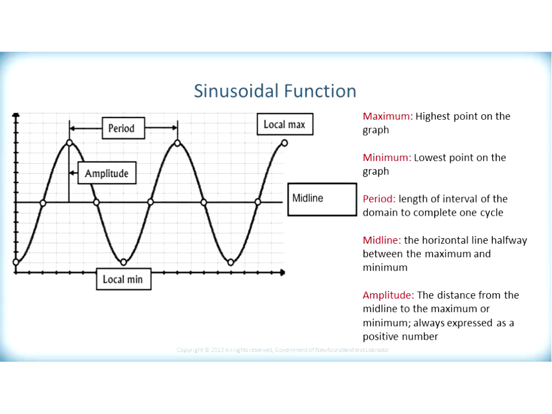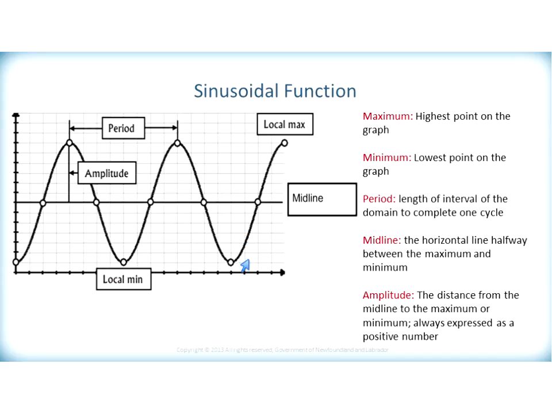When we're looking at a sinusoidal function, we have this wave pattern, and there are specific characteristics we are going to look at. If we look at the sine graph, the local maximum, or the maximum, is the highest point on the graph, the highest y value. The minimum is the lowest point on the graph, so here we have the minimums.